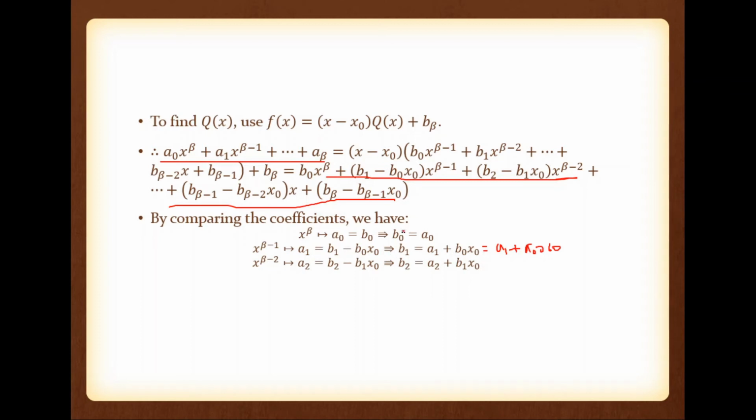So please note b0 equals a0, b1 is equal to a1 plus b0 x0, b2 equals a2 plus b1 x0. So you can see a continuity here.